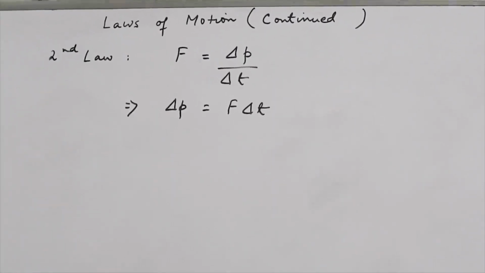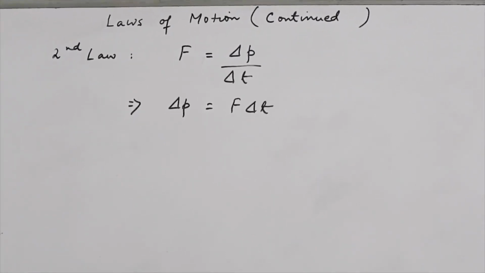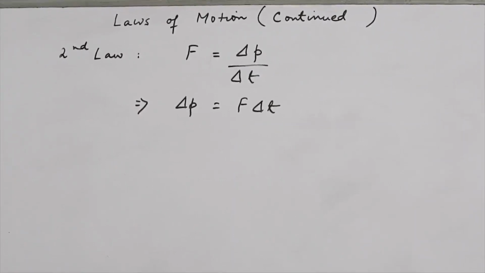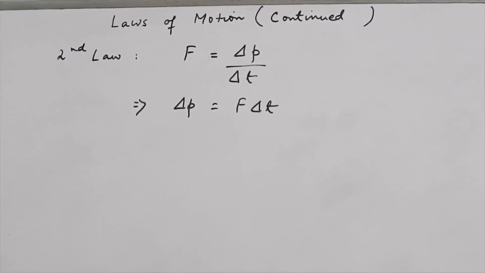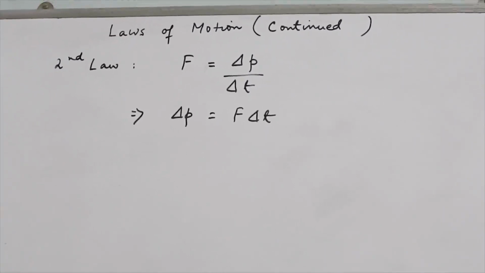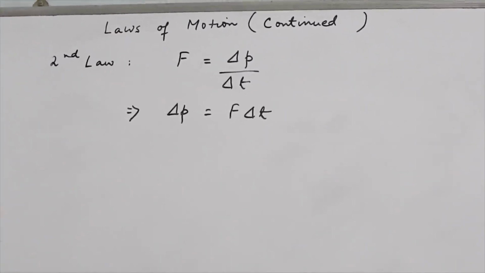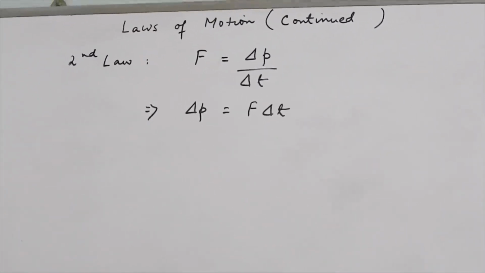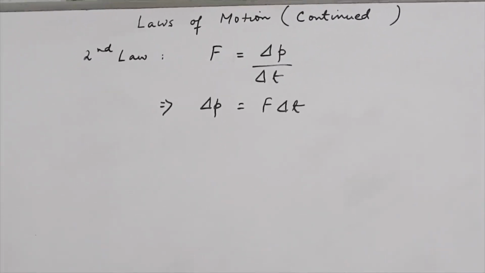So you can say that to produce a given change in momentum, we can apply a force for a definite time interval. If the force is sufficiently large, then the time interval might be very small. That means a given change of momentum can be brought about by applying a large force for a small duration.